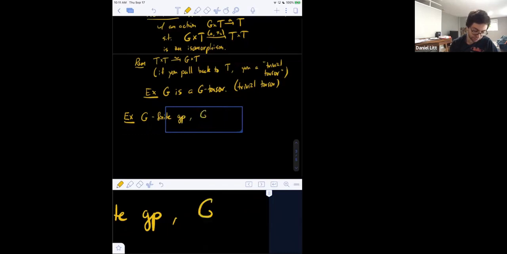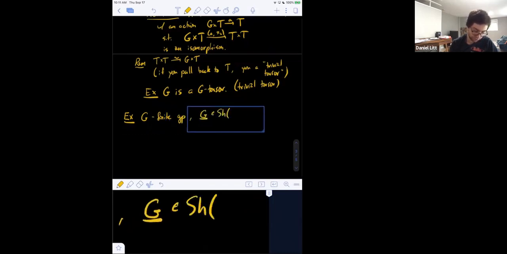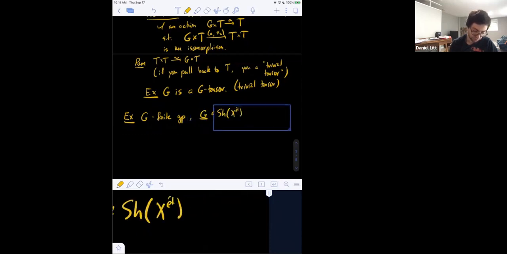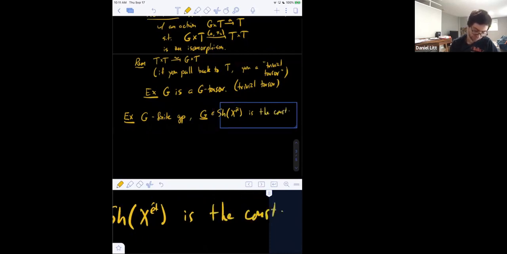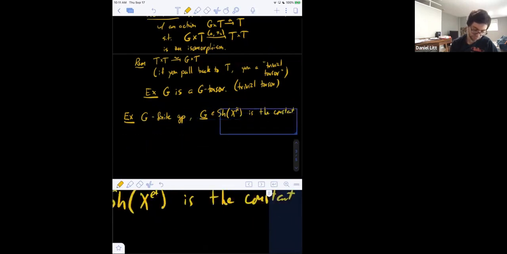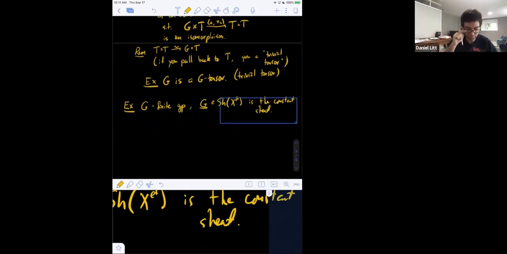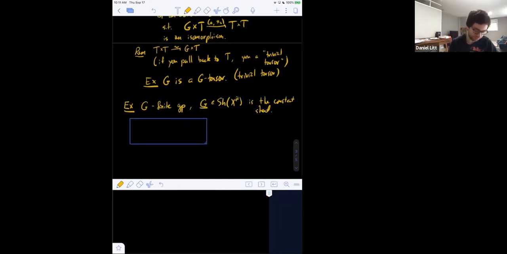Then underline G in sheaves on X Etale is the corresponding constant sheaf. That's just maps into the scheme G, which is why it's a sheaf. Then can anyone tell me what is a G torsor?